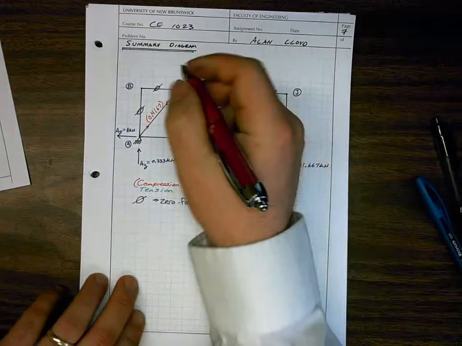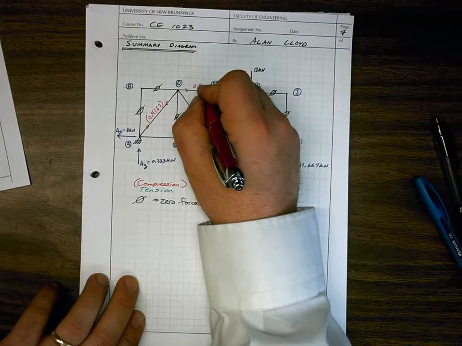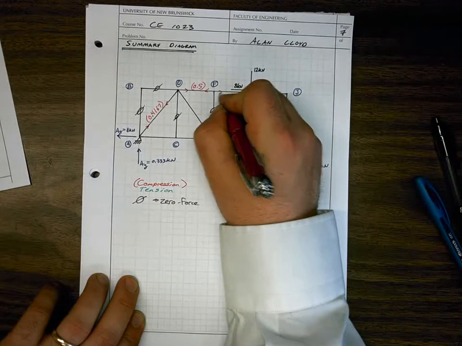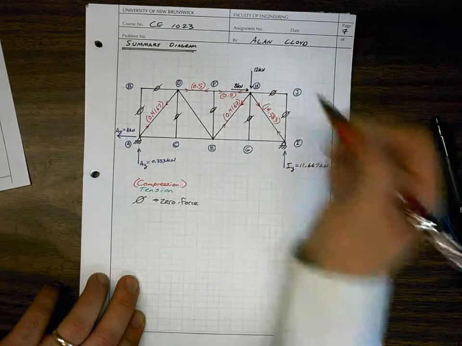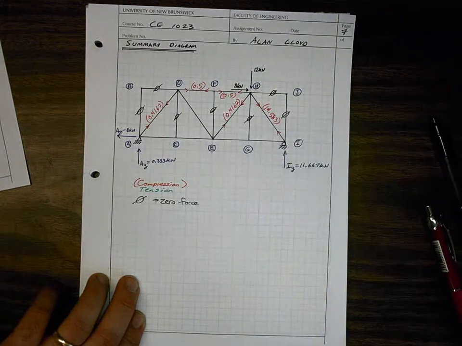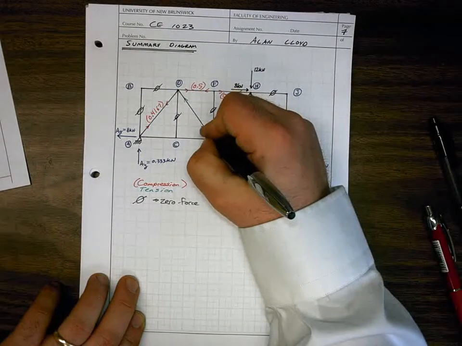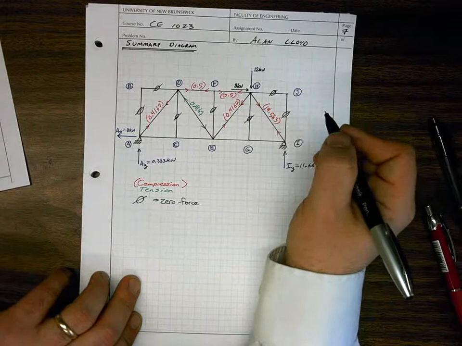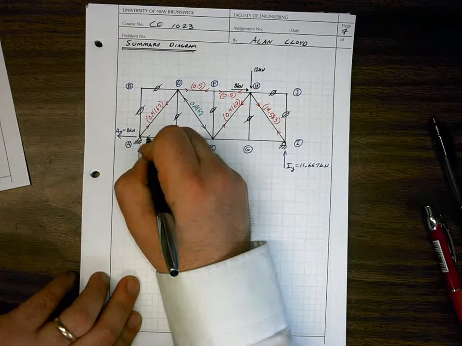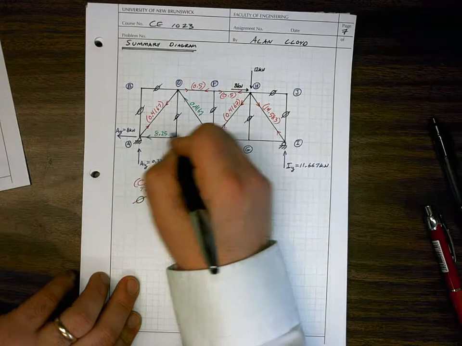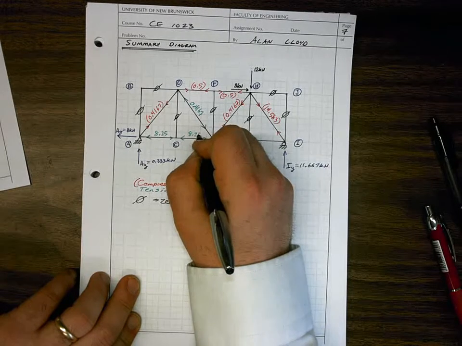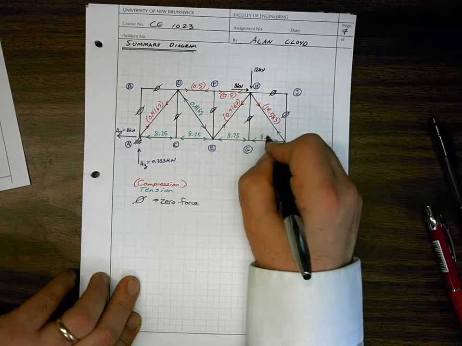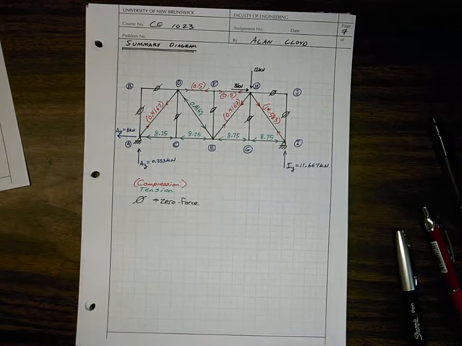Up top we've got a compression chord here of 0.5, and here we've got a compression chord of 0.5, and then we'll draw our tension chords. Tension chords are stretching the member out, so here we have 0.4167, and we have tension along the bottom of this truss, 8.25, 8.25, 8.75, and 8.75.